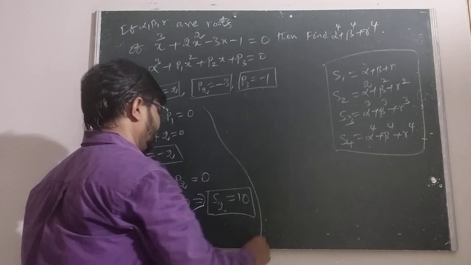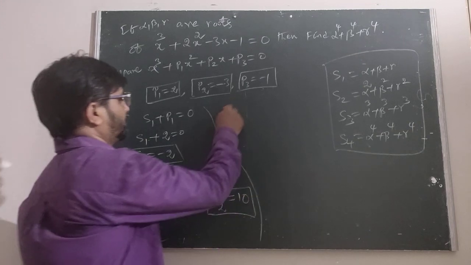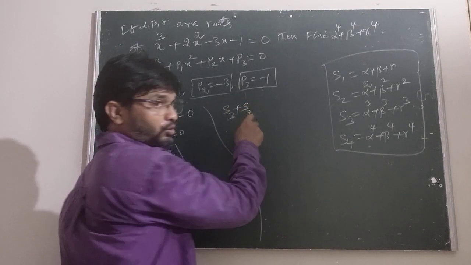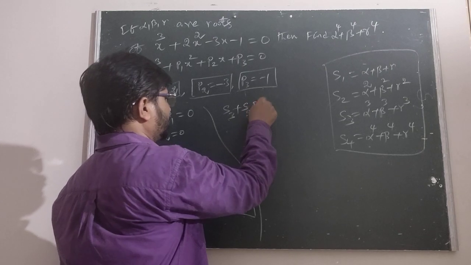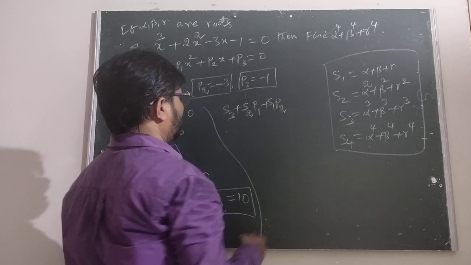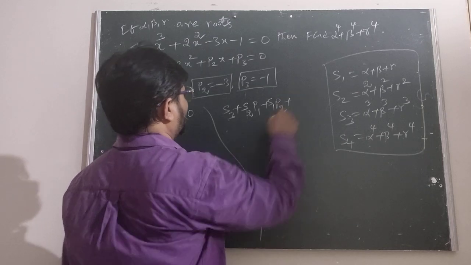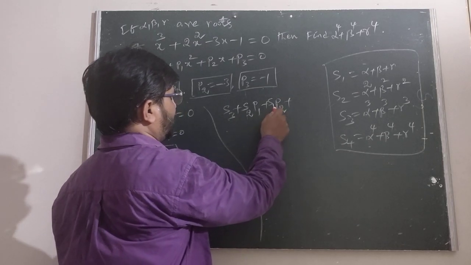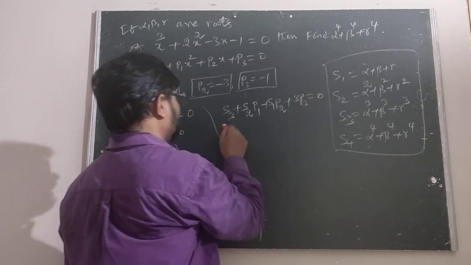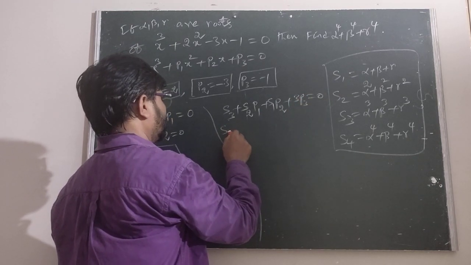Now we are finding S3. S3 plus S2 P1 and S1 P2. Finally you can write 3 P3, S3.